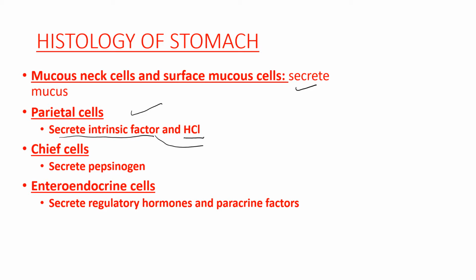Intrinsic factor is needed for the absorption of vitamin B12. Chief cells secrete pepsinogen, which is the precursor of an enzyme called pepsin, involved in digestion of proteins.